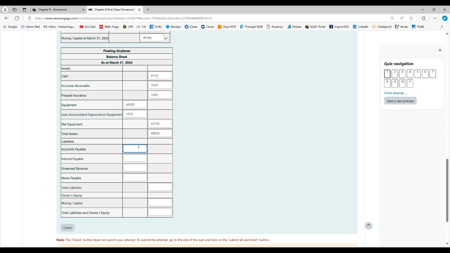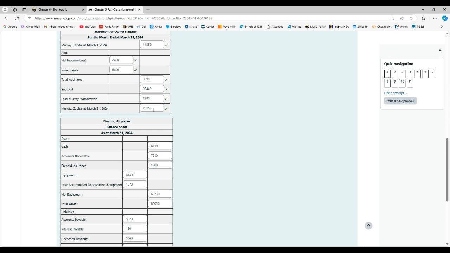And again, a quick little calculation here.